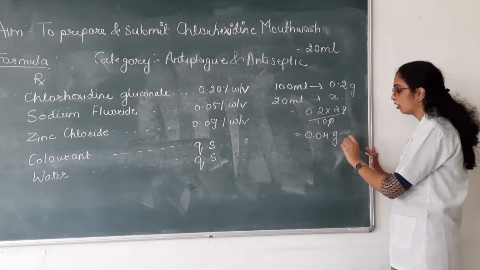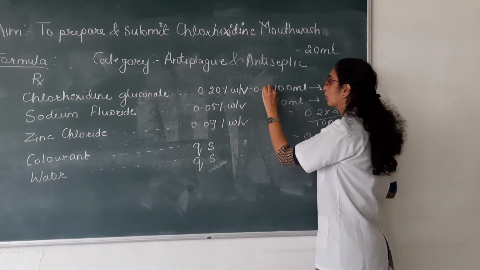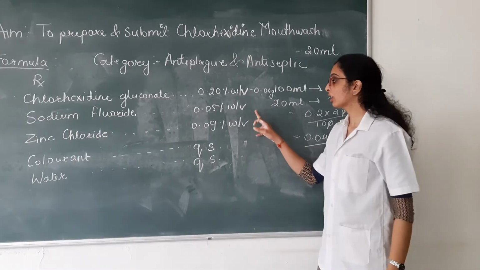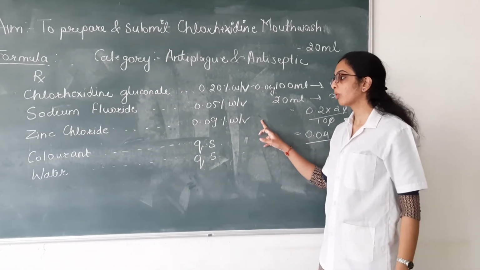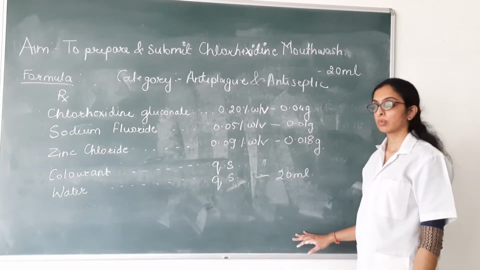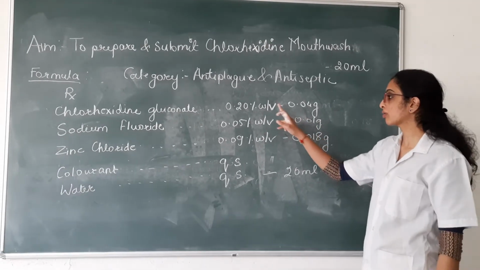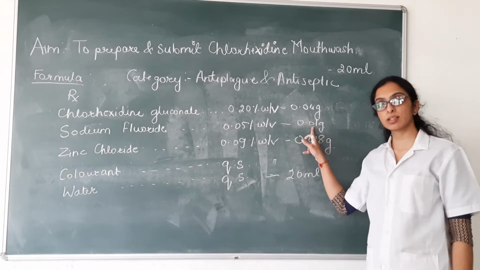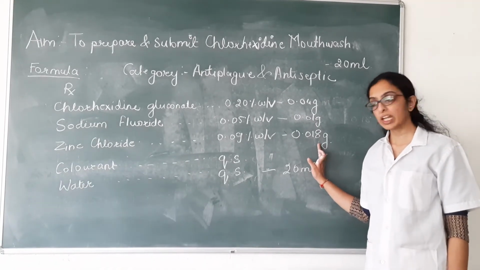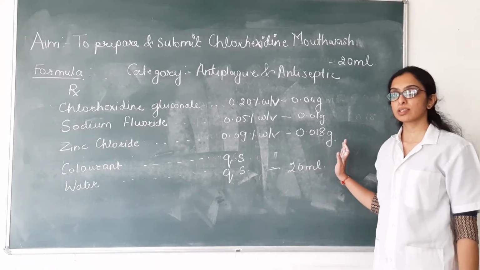Likewise you have to calculate the quantities for sodium fluoride and zinc chloride also. I have calculated the quantities: for sodium fluoride the quantity is 0.01 gram, for zinc chloride it is 0.018 gram, and water required is 20 ml. Now we will see the procedure.